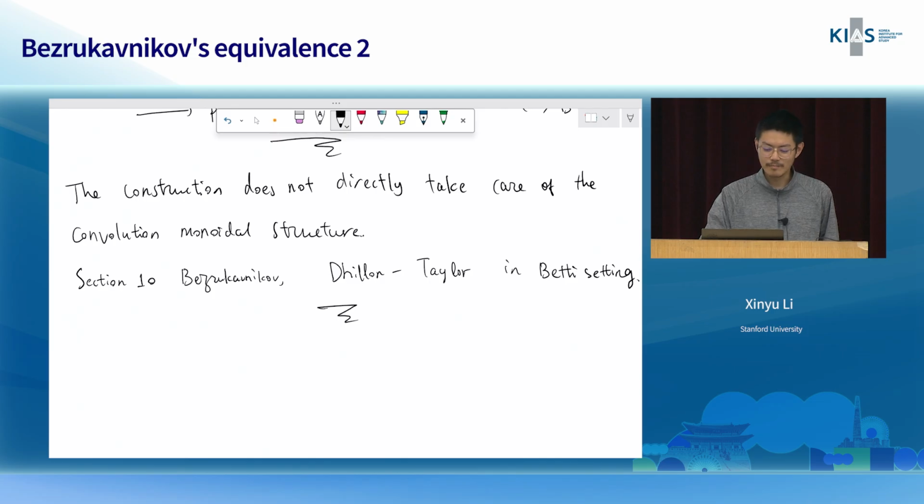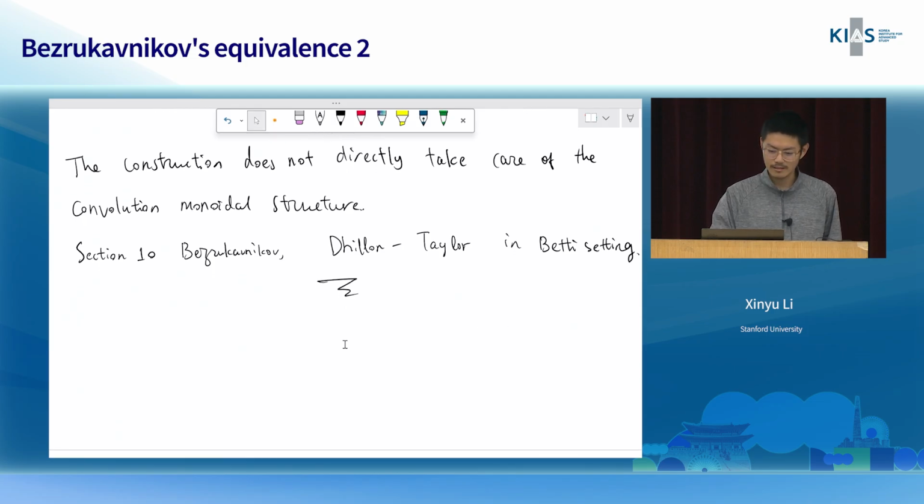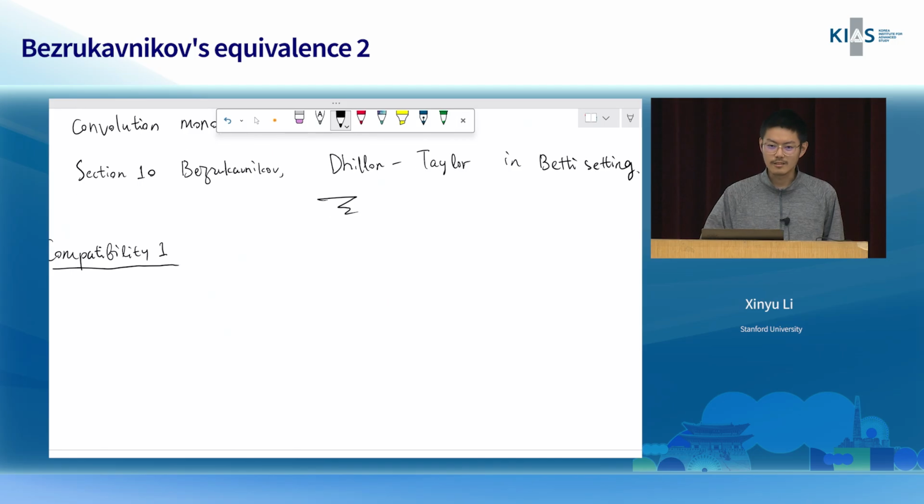Also, this Bezrukavnikov's equivalence satisfies the following compatibilities. So first, on the automorphic side, if I fix F_q rational structures, then I have a relative Frobenius action.